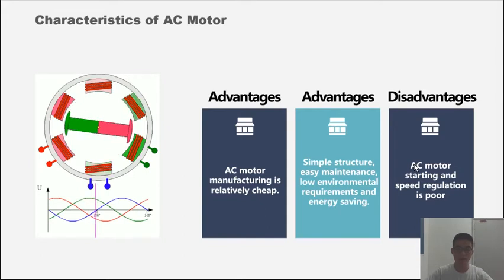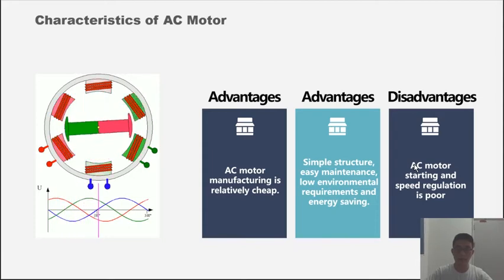In AC motors, there are two outstanding advantages. First, AC motor manufacturing is relatively cheap. Second, simple structure, easy maintenance, and lower requirements.